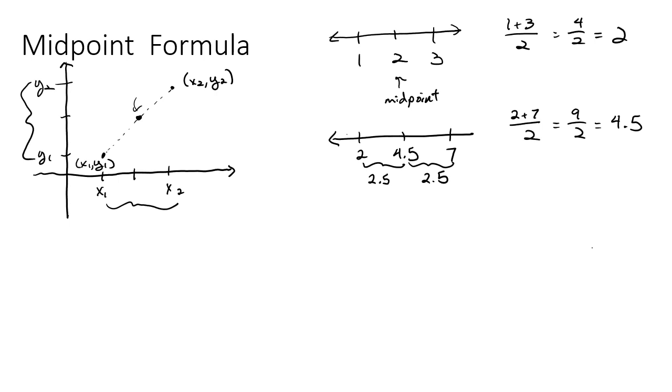So all you have to do is find the midpoint of the x's to get the new x coordinate, and find the midpoint of the y's to get the new y coordinate. And so that's what we're going to do.